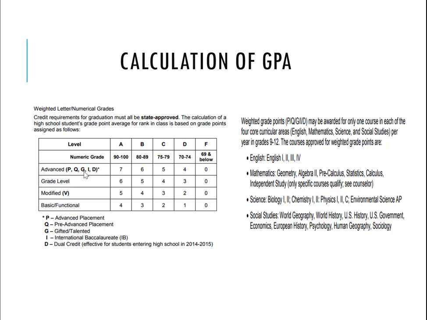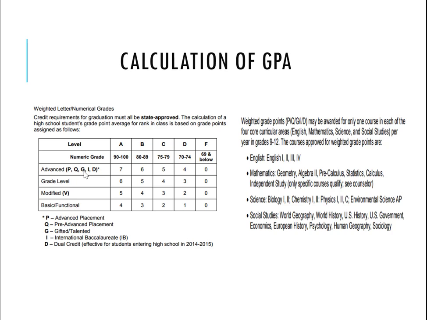So the way we determine if they are going to get the additional bump in their GPA is that they are eligible for one course in each of the 4 core curricular areas. So they can get a weighted GPA point in English Language Arts, Math, Science, and Social Studies. They can get it for one course.